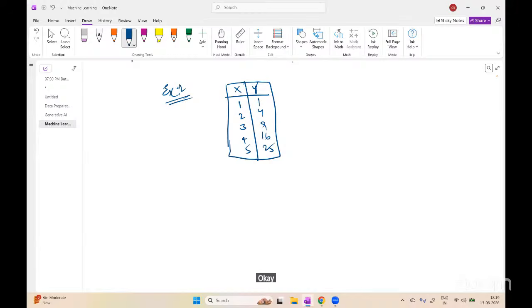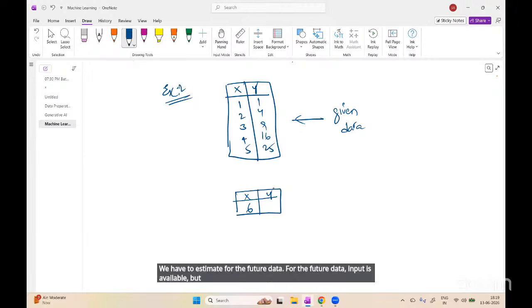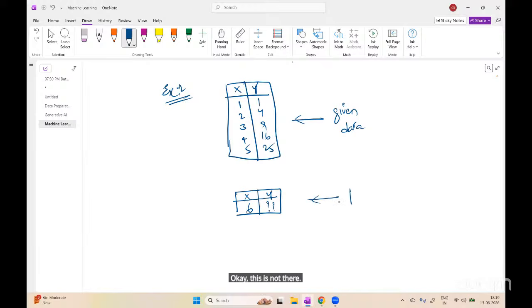This is the given data, always remember, given data. We have to estimate for the future data. For the future data, input is available but output is not available. This is what we have to estimate. This is called future data.